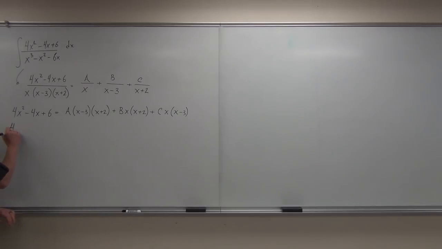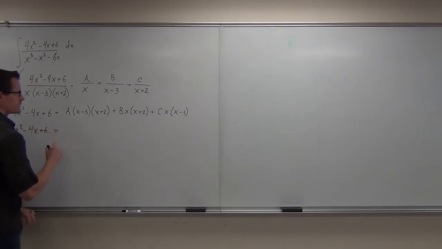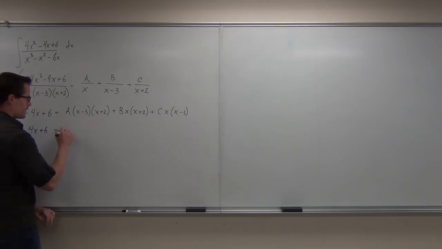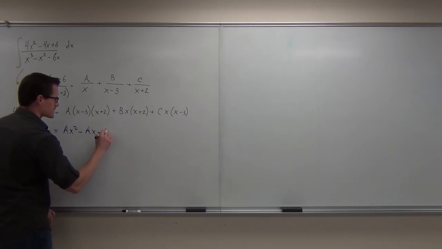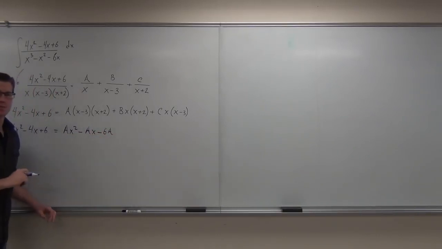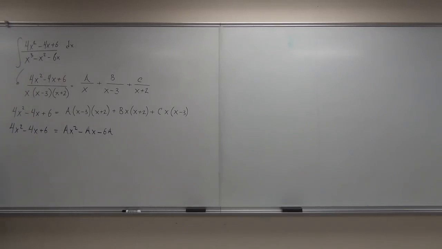We'll have our 4x squared minus 4x plus 6, we get ax squared, plus 2x minus 3x minus ax minus 6a. I want to make sure that I'm right, so can you please double check these as I'm going through, just to make sure I got this stuff right too, okay?